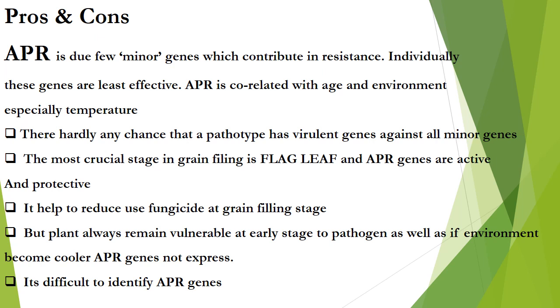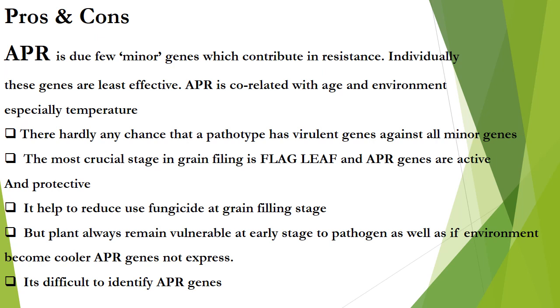And the practically very important part is that adult plant resistance protects the plant at the tillering to booting stage. Remember, in wheat, the maximum grain filling takes place at these stages, especially at the flag leaf stage. So the maximum carbohydrates are formed at this stage.